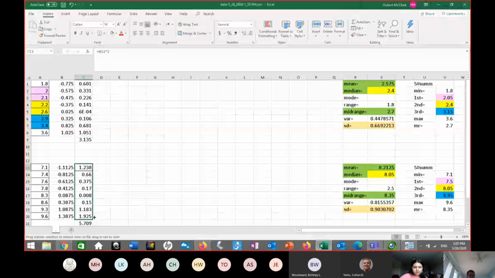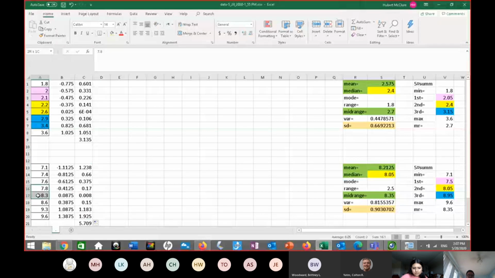And I think the median would be right, but let's check it. That's going to be yellow. And that's going to be equal to parentheses this guy plus this guy divided by 2. Yeah.